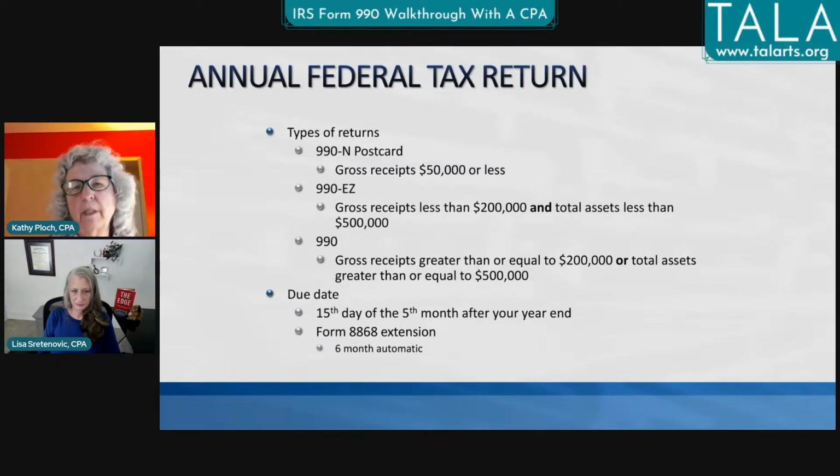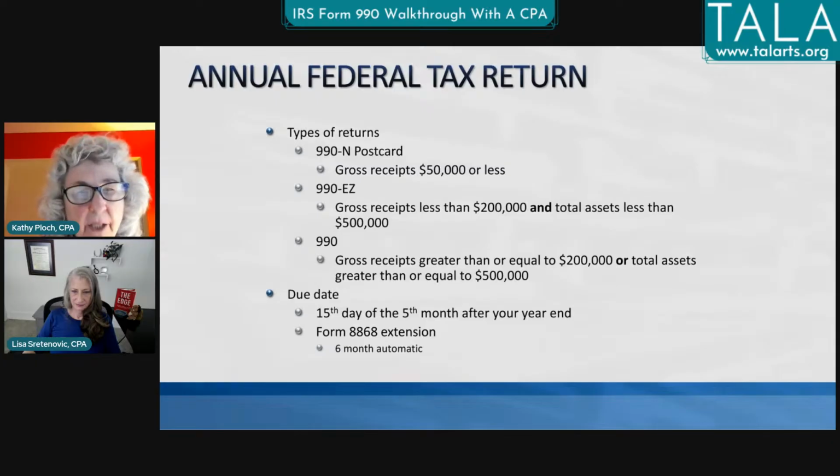So using, once again, the example of 12/31 of 25 as the year end, it's due May 15th, you can get an extension, and that will give you until November 15th to actually file that return. When you're doing a 990N, there's not an extension for a 990N anyway, as long as you file it before the November 15th deadline.